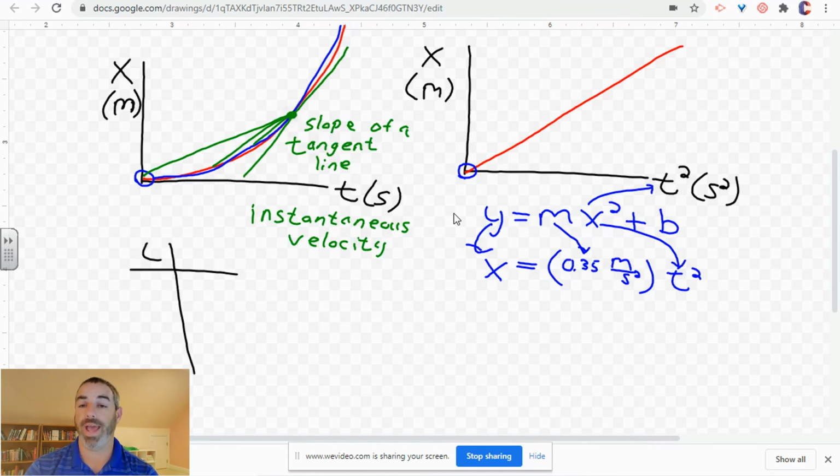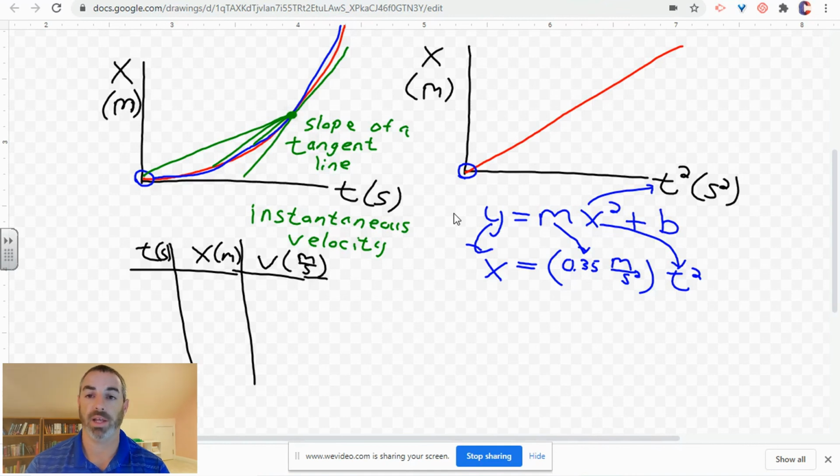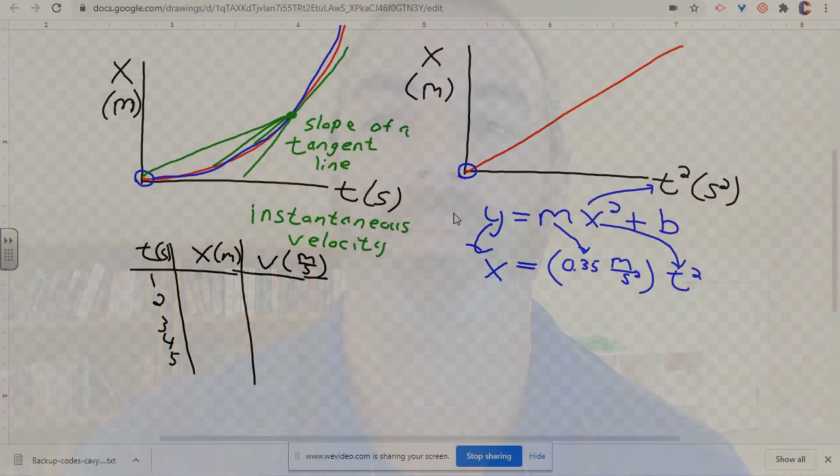What we are going to do now is collect some data from our mathematical model by finding the slopes of tangent lines using our calculator. And those slopes will represent the instantaneous velocities, which we will write in this third column, so we'll have time, position, and velocity data. From that, we are going to plot other graphs that we will look at in the next video. Have a great day, and even better tomorrow.